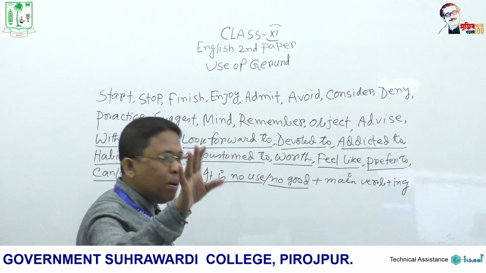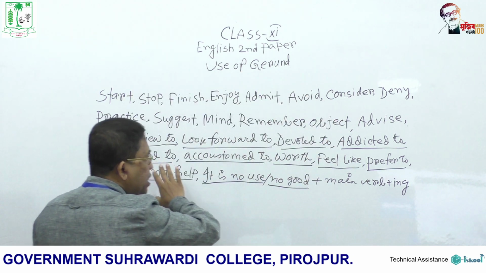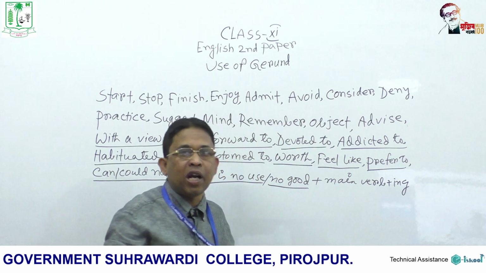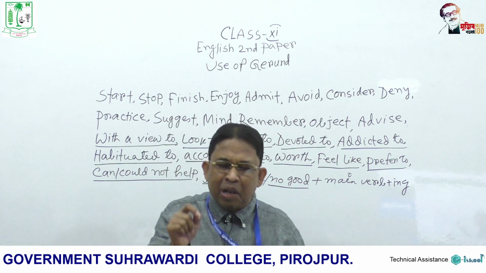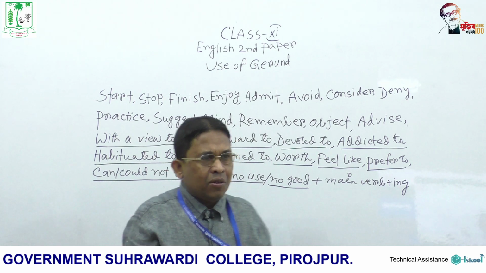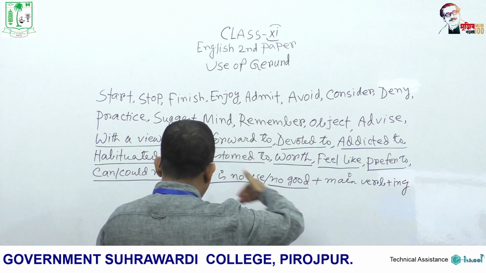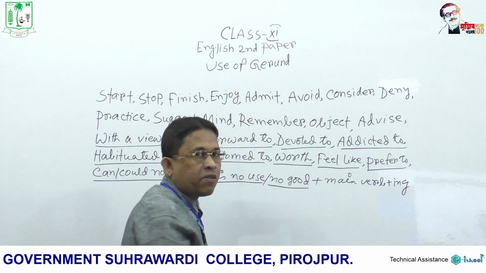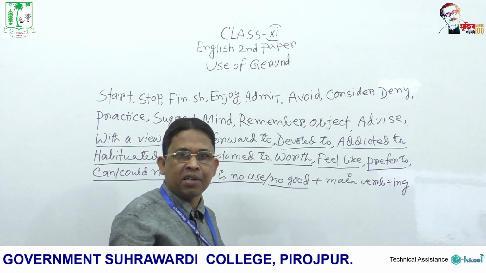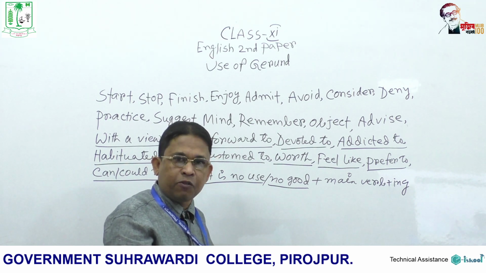Just remember one thing, that after these verbs and after these phrases, we have to use gerund, that is main verb plus ing. So, gerunds can be the direct object after all these verbs and phrases. This is my message today. Dear students, let me explain through examples.